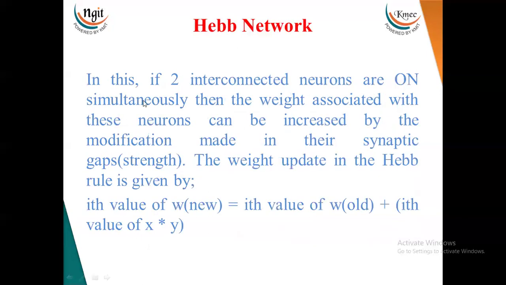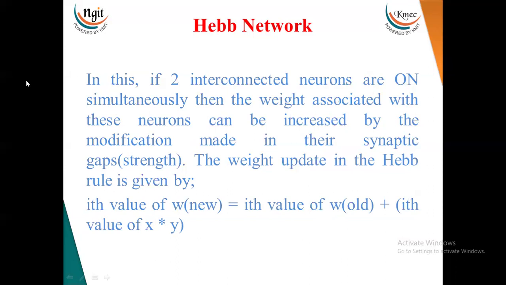So if we have two interconnected neurons in active mode, then the weight associated with these neurons can be increased by the synaptic strength. So the efficiency of neurons can be increased with the help of increasing the strength between the two neurons.